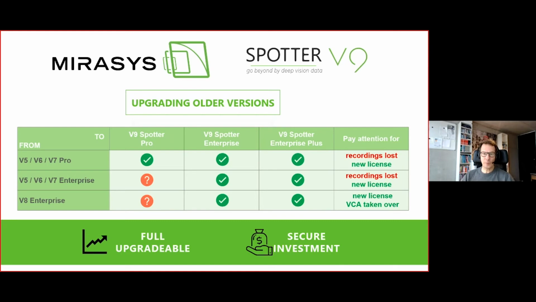No recordings are lost because it's the same file system. And the interesting thing is, if you have version 8 Enterprise, including some VCA licenses for some of the cameras, the VCA license can be taken over and also the configuration is taken over. So that's very important. Although we have a different VCA structure here, the VCA configuration is taken over.